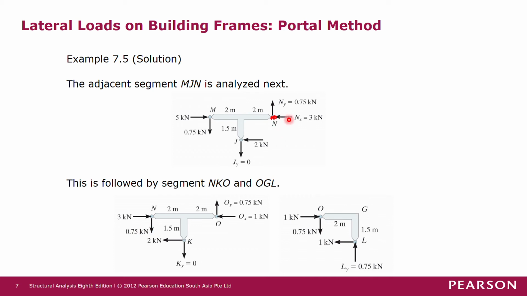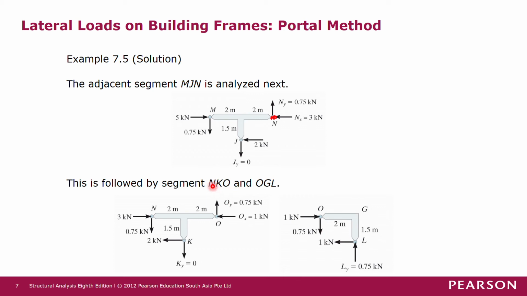And then Nx here is going from right to left, and Nx here must be going from left to right, opposite of this one, but with the same magnitude. And then in this free body diagram, the only unknowns are Ky, Ox, and Oy.